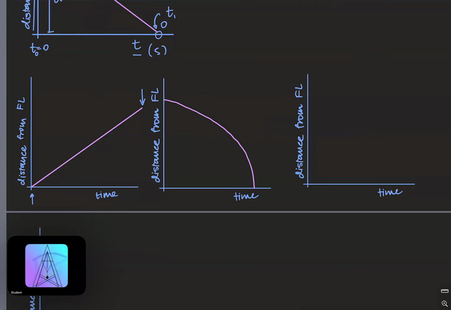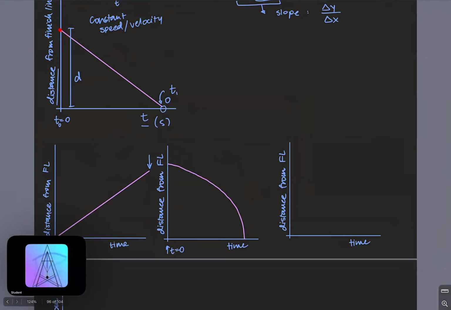Again, start out by looking at where it starts. Where does the car start? From the finish line only? No, so the distance from the finish line at this time right here, which is t equals 0, this distance is not 0, so it's technically not at the finish line.